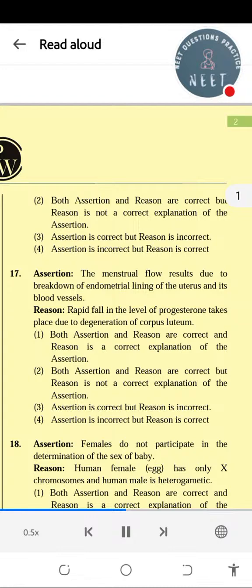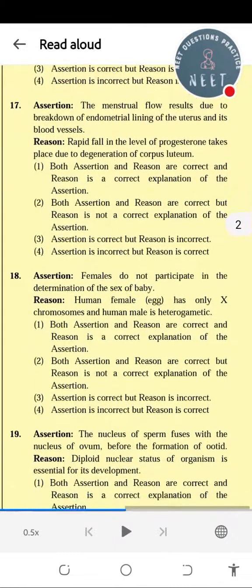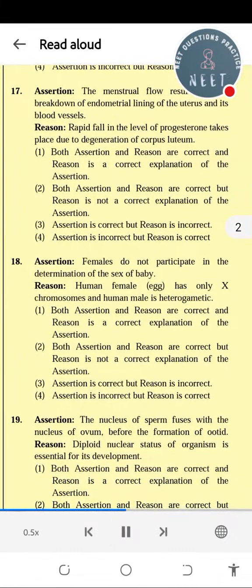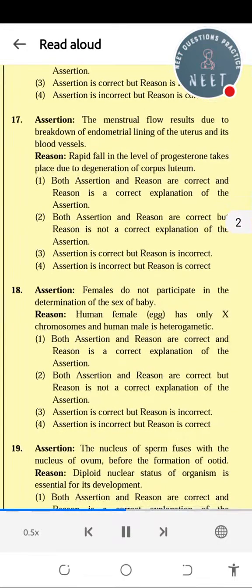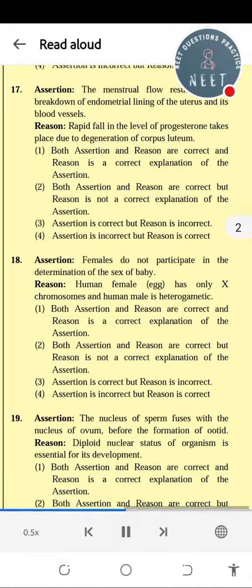Assertion is incorrect but reason is correct. Correct. 18. Assertion: Females do not participate in the determination of the sex of baby. Reason: Human female egg has only X chromosomes and human male is heterogametic.